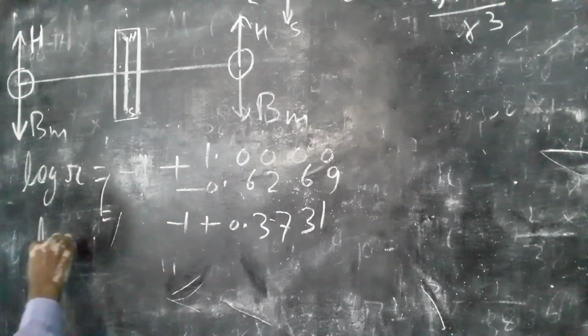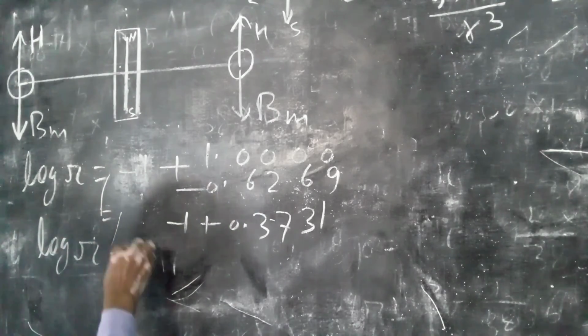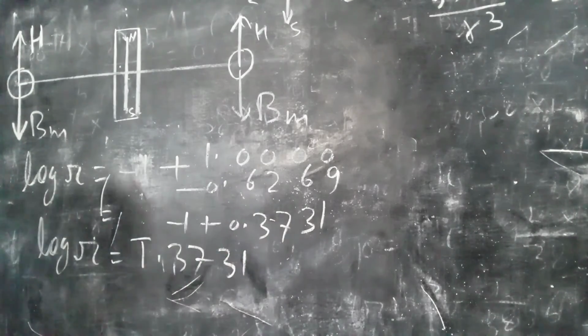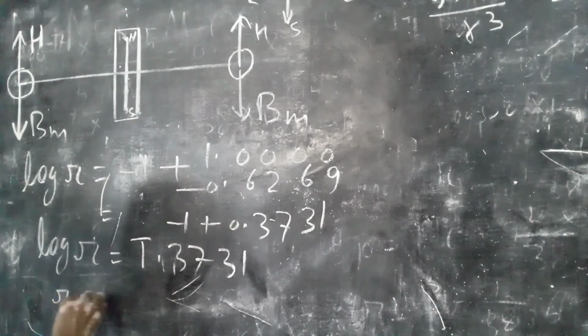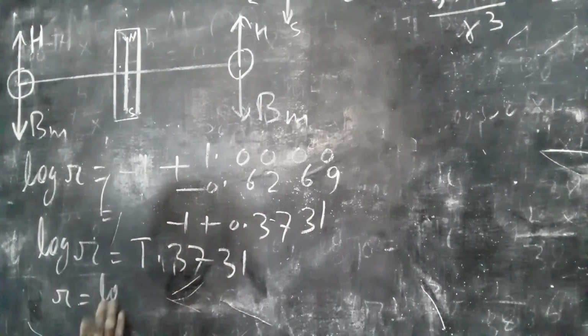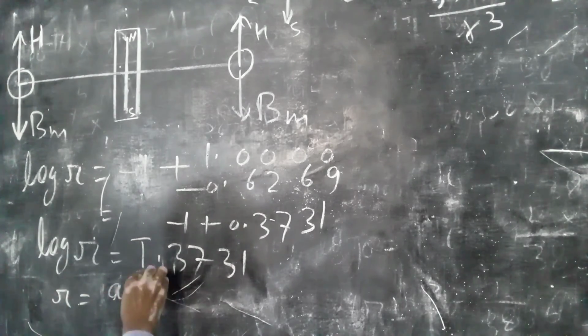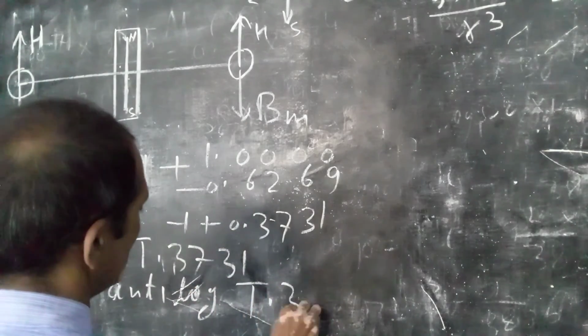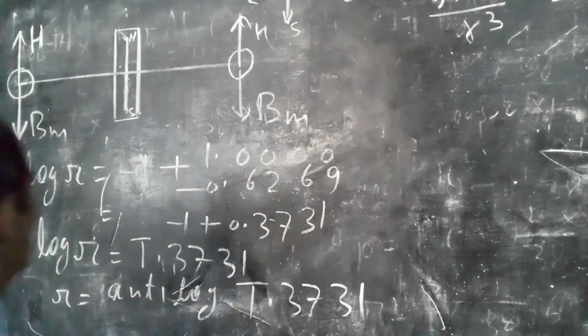So log r is equal to 1 bar .3731. Now read the antilog. Take antilog on both sides, then you get r is equal to antilog of 1 bar .3731.